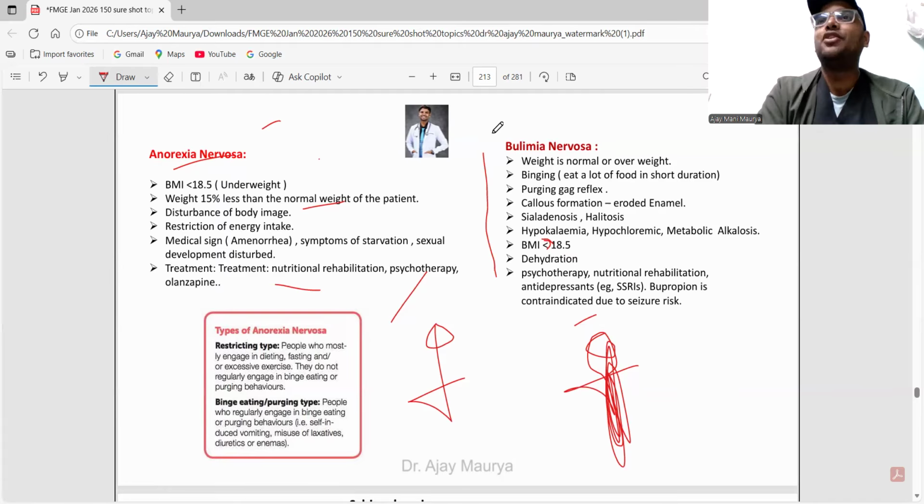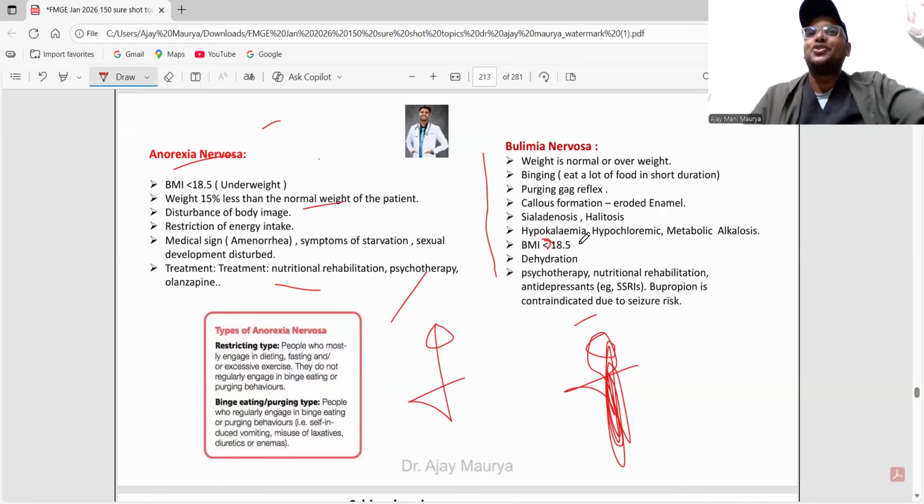After that only he will do the purging. Whenever he does the purging, all the eaten food and the acidic content of the food comes out. Here the BMI will be more. The weight may be more or less, but the BMI will always be more than 18.5 because he was eating a lot.